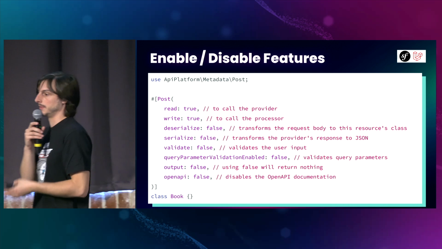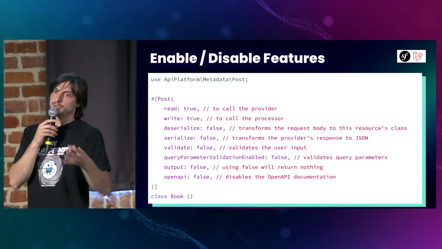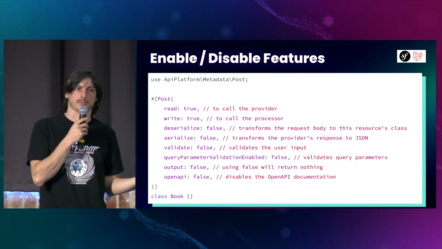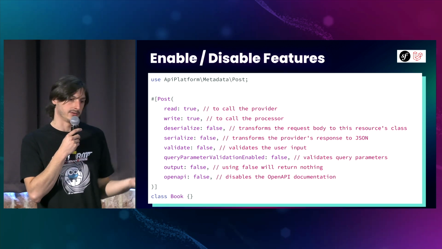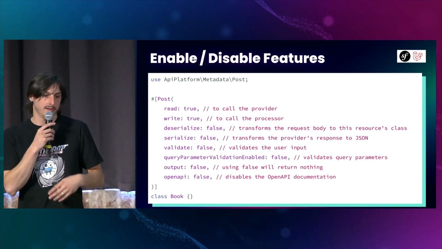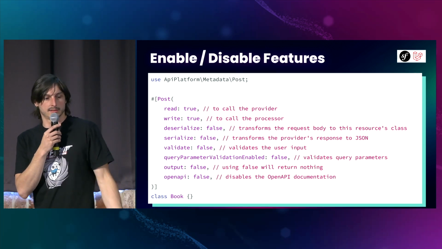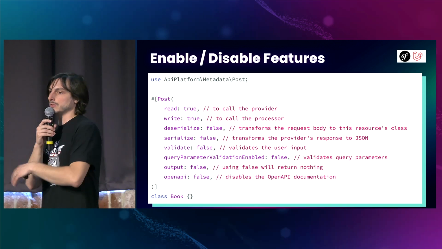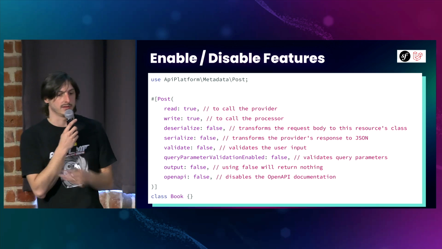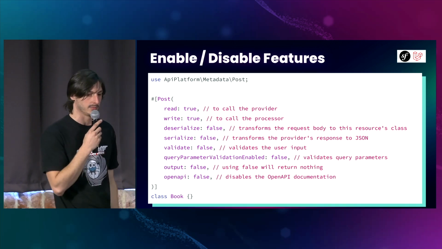Validation is, for example, enabled on every route that does a write operation except delete, but sometimes you can enable validation on a delete operation. Query parameter validation can also be disabled. And we have the two last things. Output false will just say, I don't want to return anything. And OpenAPI false disables the OpenAPI documentation.